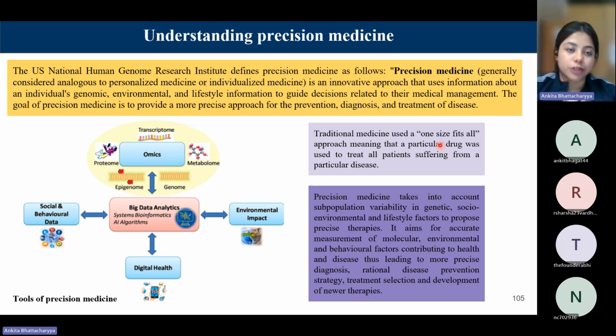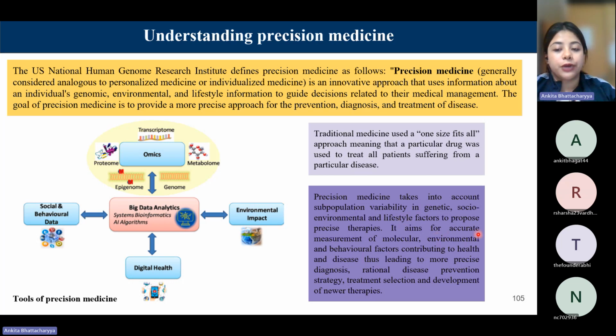That approach has shifted, and now people are looking more towards the idea of precision medicine. So it is taking into account subpopulation variability. In what kind of context? In context of their genetic differences, social differences, environmental and lifestyle differences, to propose therapies which are more specific, more precise to their disease.